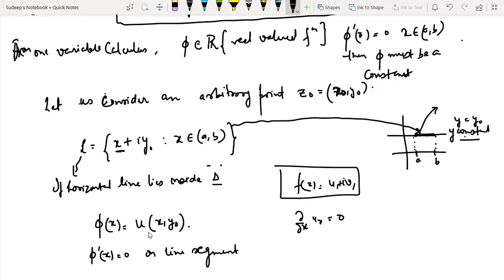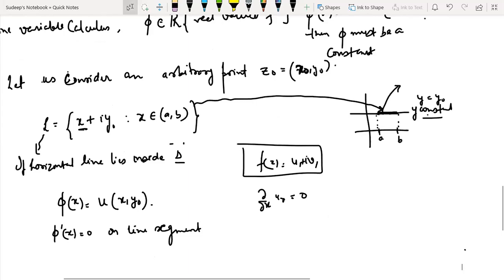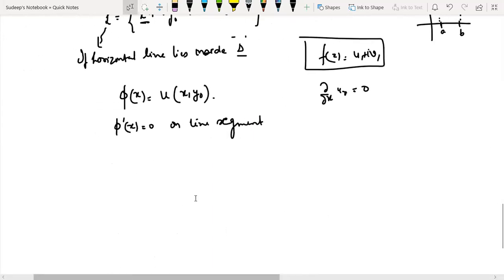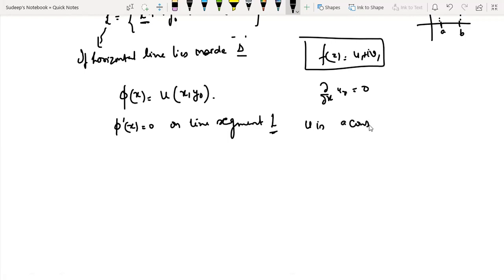If I differentiate both sides with respect to x, I get phi dash x equal to 0 because I already know that ux is 0. Therefore, phi dash x is 0 on the line segment L. So therefore u is a constant on L. Therefore, it is constant on any horizontal line.